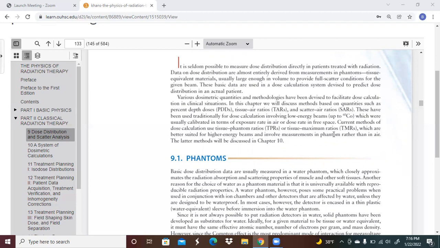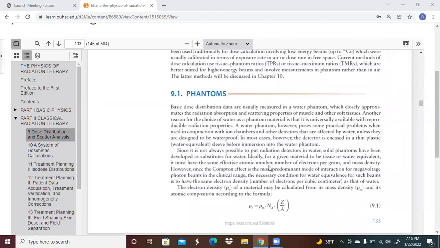So these traditionally were used for low energy beams, which were calibrated in terms of exposure rate in air or dose in free space. But the current methods, such as TPRs or TMRs, are better suited for high energy beams and involve measurements in phantoms rather than in air. So things are going to change a little bit, but they're built on the methodologies used for these particular methods when we would measure dose in air.